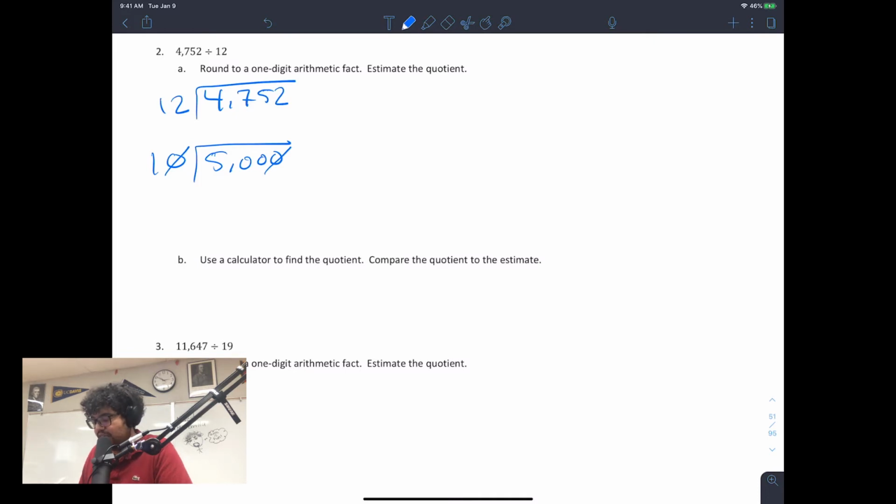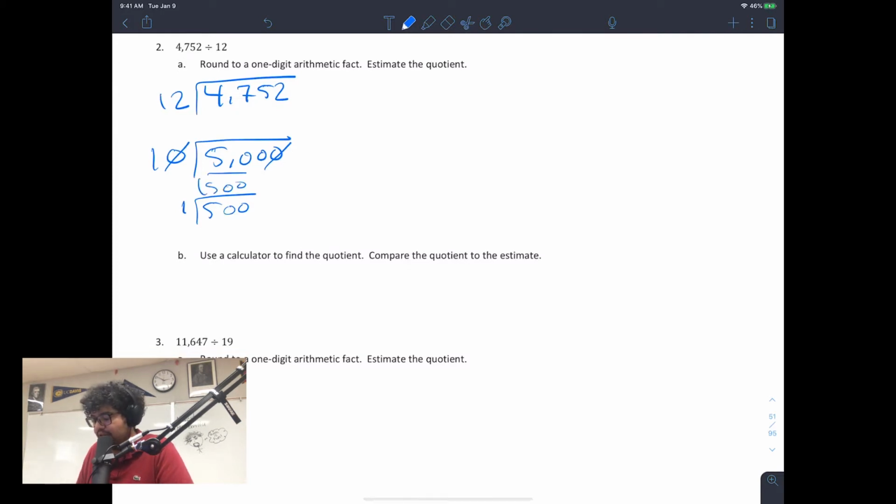And now my new division problem is going to be 500 divided by 1. And I already know that 500 divided by 1 is just 500. So we can say that my estimate is going to be 500.